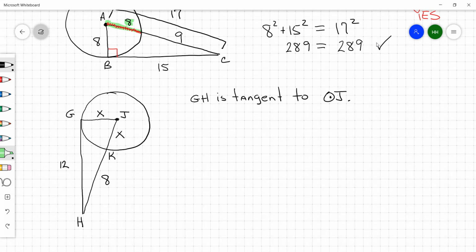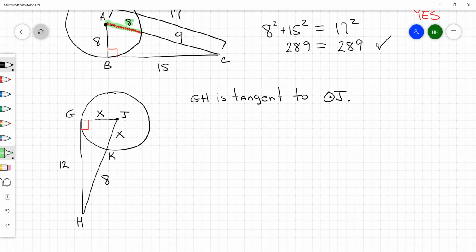You're told that GH is tangent to circle J. Well, if that's the case, if GH is tangent, then this is 90 degrees, and we have a right triangle. Now, here's your setup, and you've got to be careful here. This starts bringing in some math that, oh boy, you haven't done in a while. We're going to use the Pythagorean theorem to solve for x.